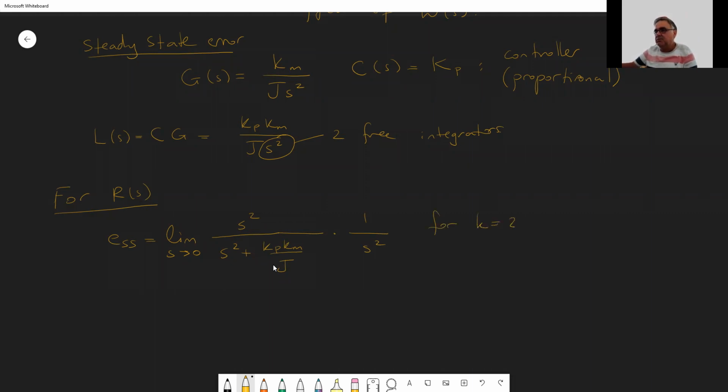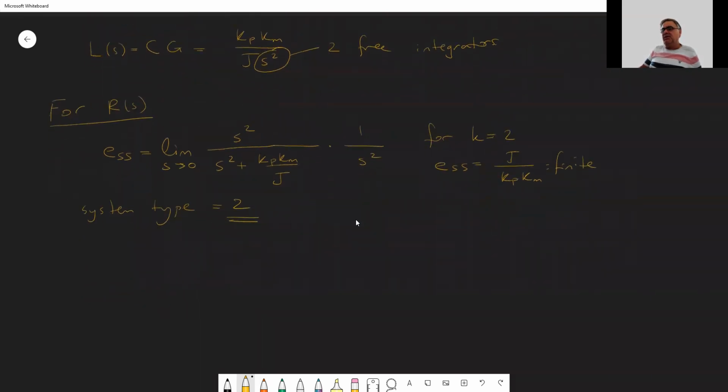For k equals 2, the steady state error will be J over KpKm, I suppose, which is finite. So the system type is 2 for R of S, which you can expect because there are two free integrators.